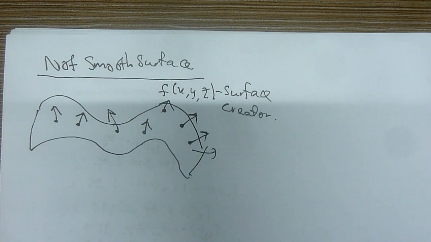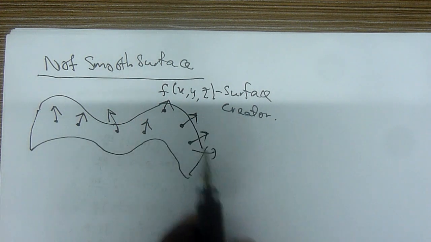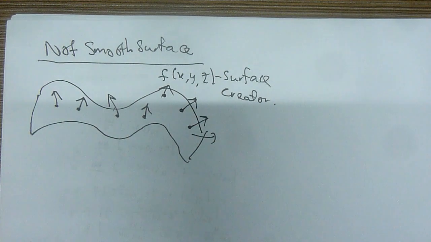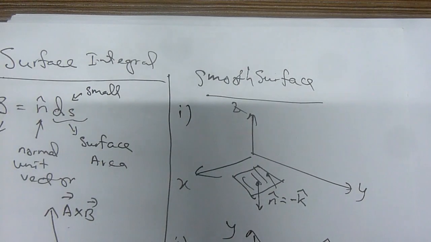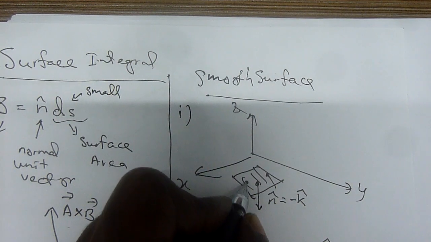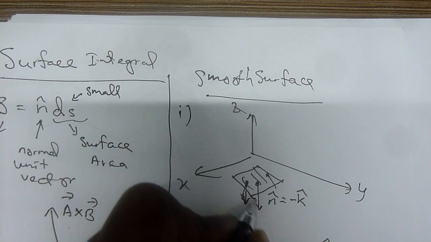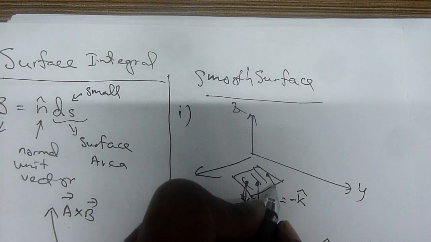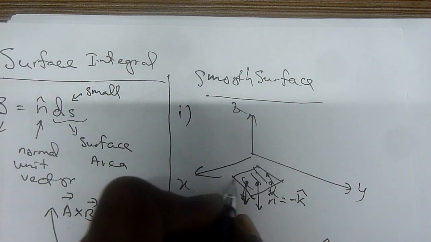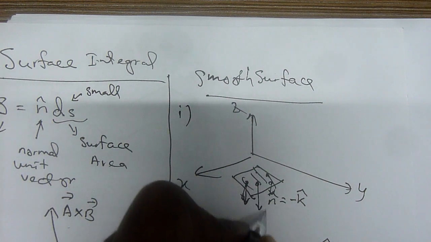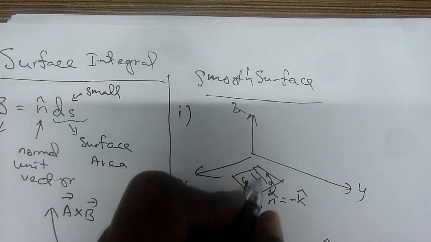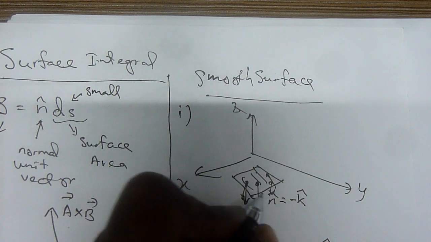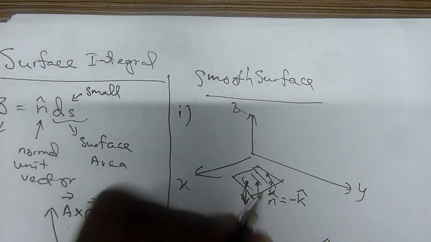If this is not a smooth surface, how do we find out the n? It's many combinations of this, right? Earlier we studied everything here. When I touch here, you see this point, every single point is straight, equivalent to the k. When I say it's a smooth surface, the normal unit vector at any point of that surface will be the same.